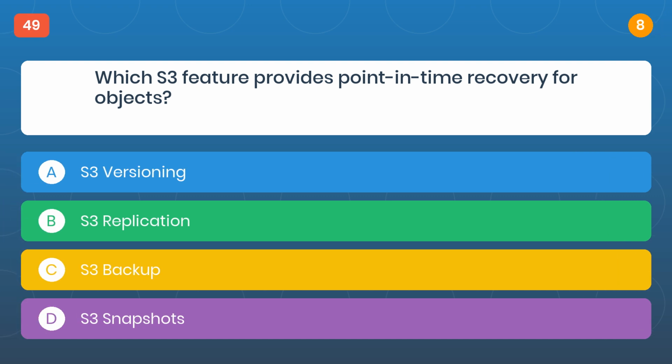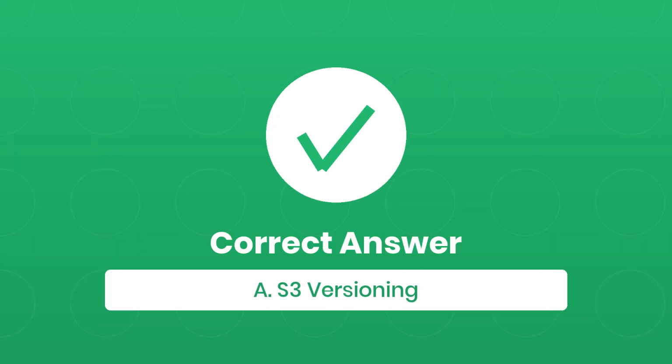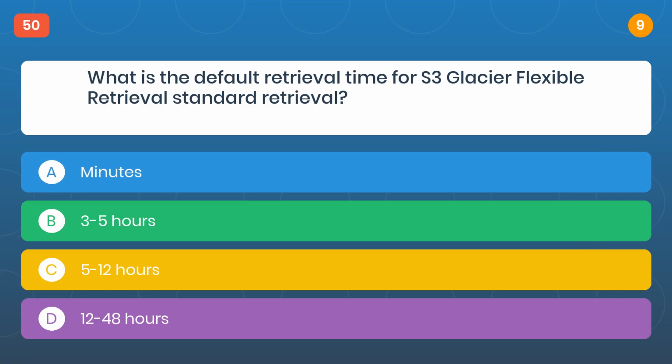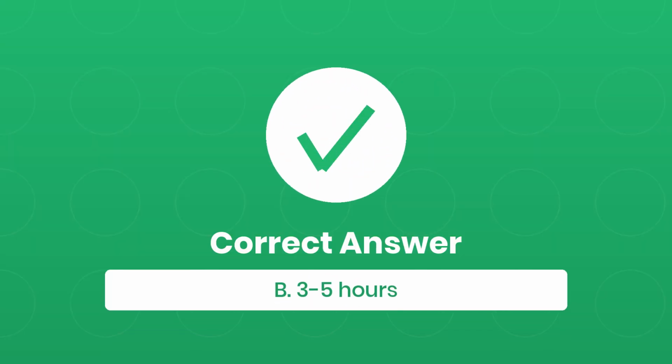Question 49. Which S3 feature provides point-in-time recovery for objects? The correct answer is A, S3 versioning. Question 50. What is the default retrieval time for S3 Glacier Flexible Retrieval Standard Retrieval? The correct answer is B, 3 to 5 hours.